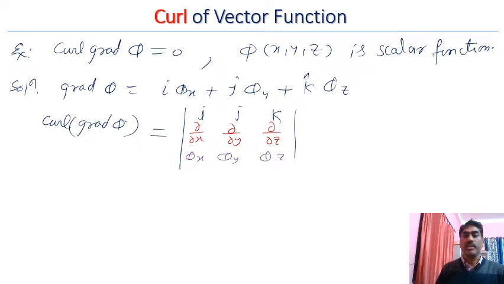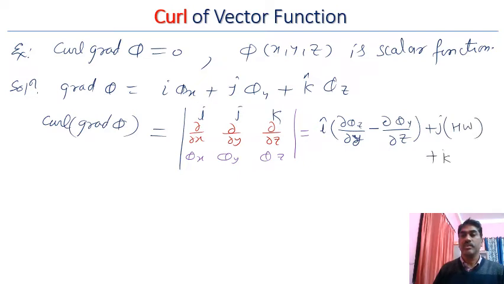So it is very easy to observe now that i has del phi_z by del y minus del phi_y by del z, and here again I can leave the two remainder terms for you as homework, because it is not tough to obtain. So this way you will make your practice, and you will understand more deeply.